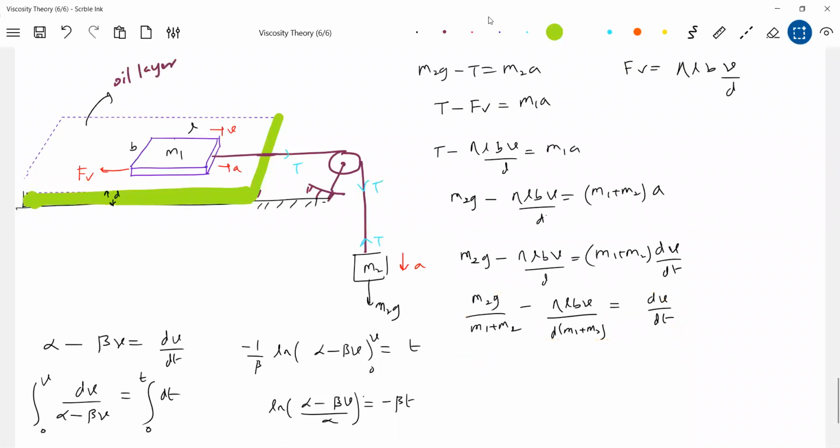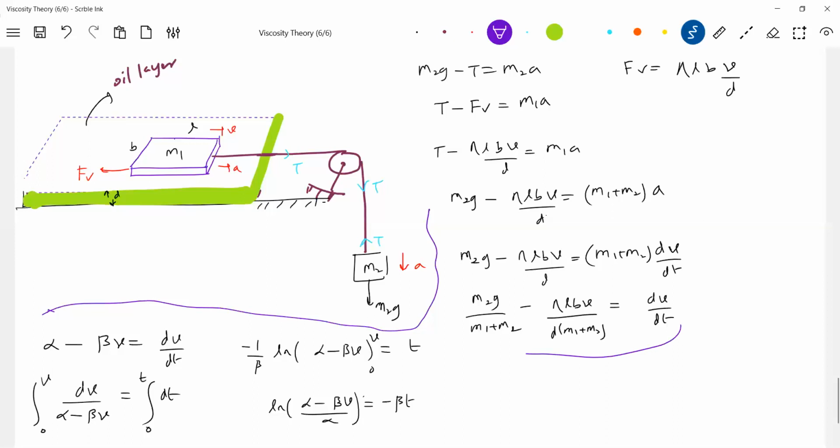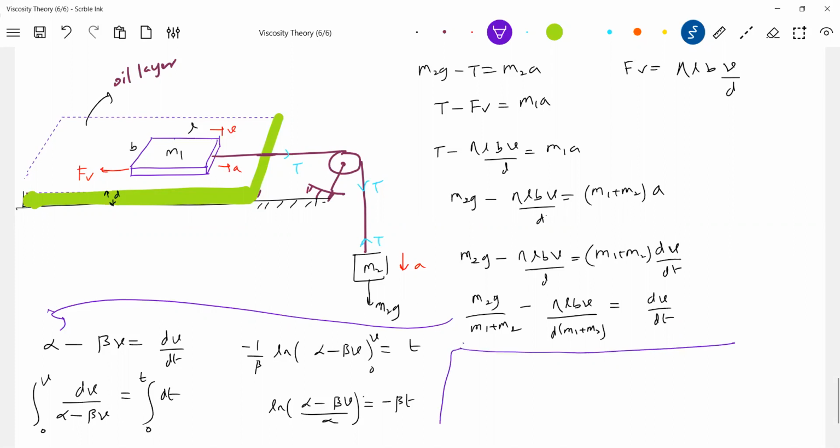Okay, so this is just mathematics. The viscosity idea is very simple here. It'll be easy for you. So what is the next thing you can write?